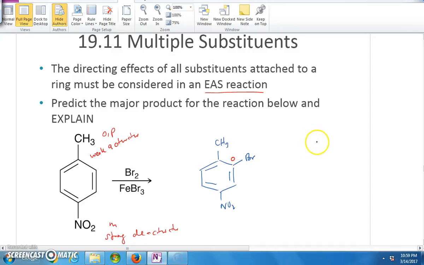So you have the synergy of both groups, whereby this is a meta director and this is an ortho para director. Of course, the para position is already blocked, so the bromine has to come to the ortho position.